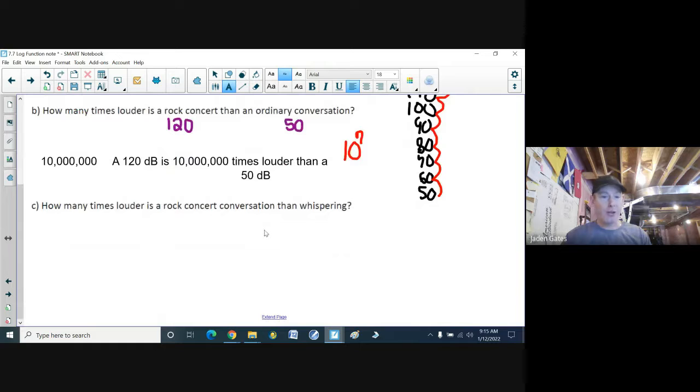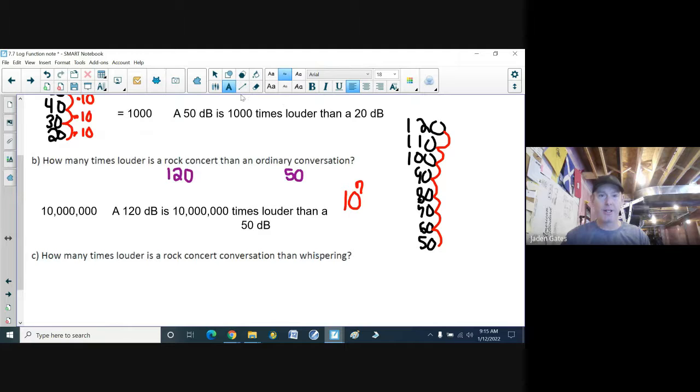All right, now we get to how many times louder is a rock concert than whispering? So now I basically have my same table here, but whispering is a 20. So I'm just going to add in a few numbers here. So let's see, a 40, 30, and a 20.